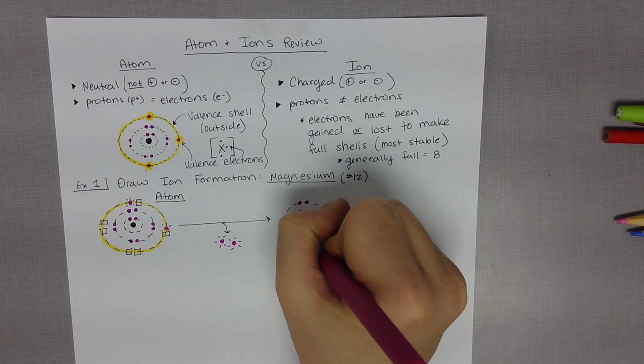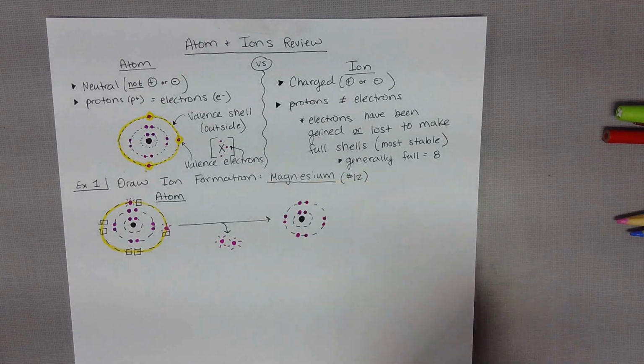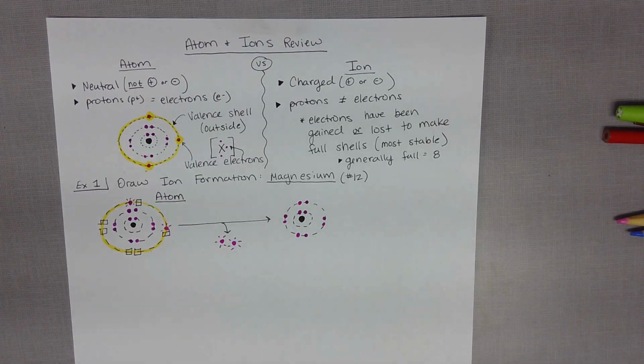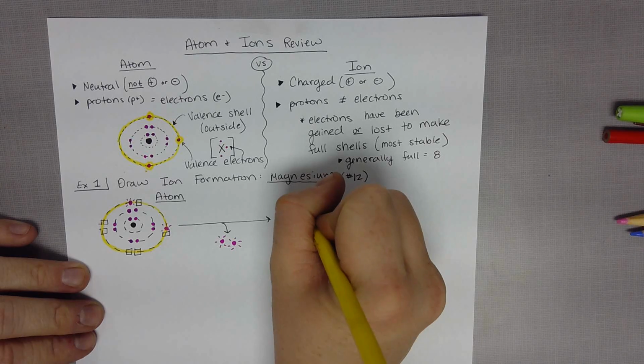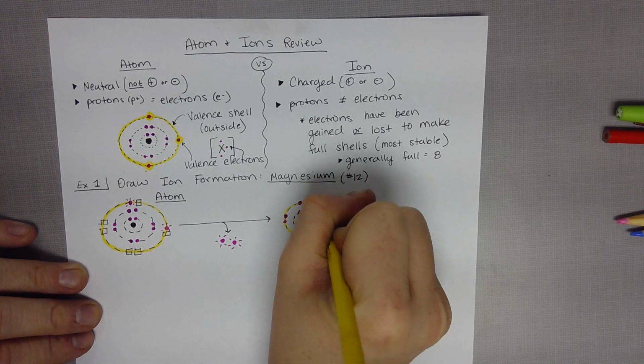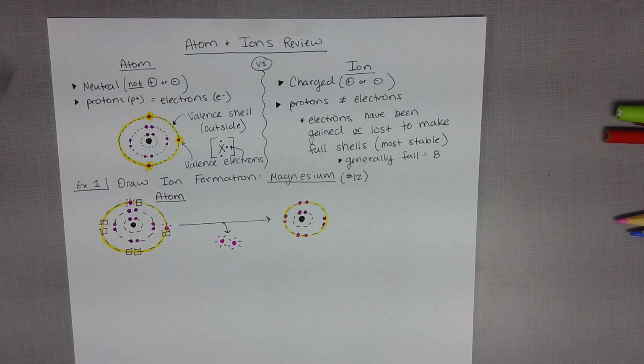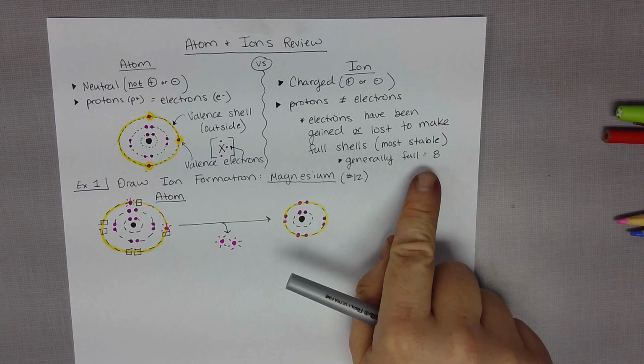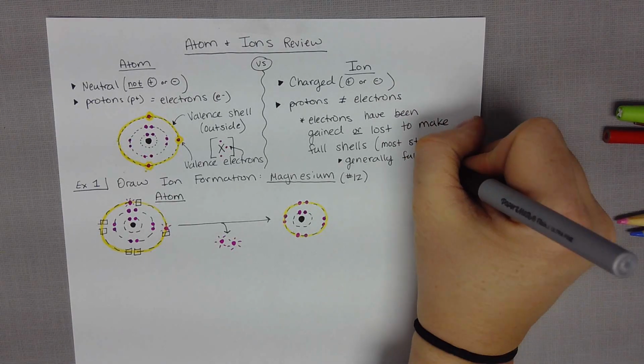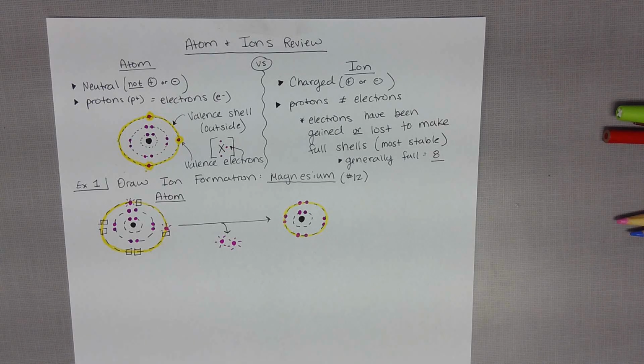My third ring changed completely because it's gone. I've emptied out that third shell, which means shell 2 is now my valence shell. And this shell is full because it has my magic number of 8 electrons.